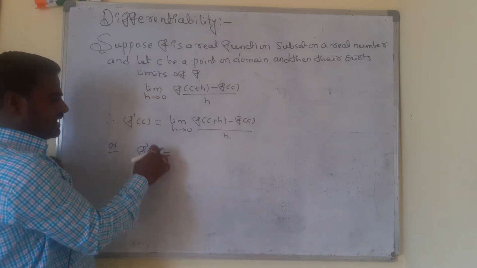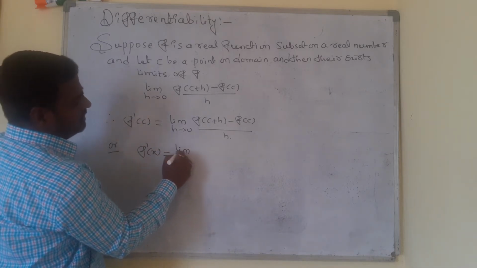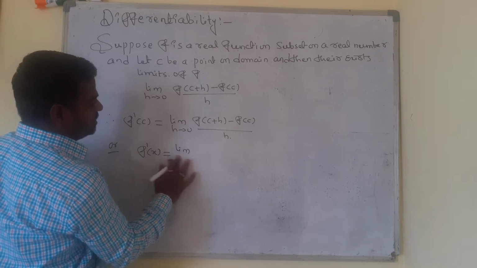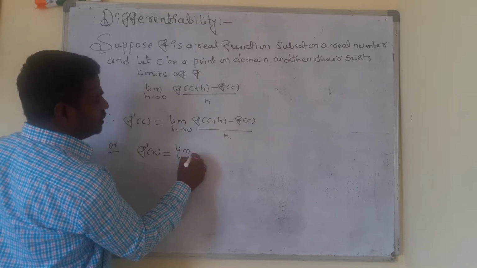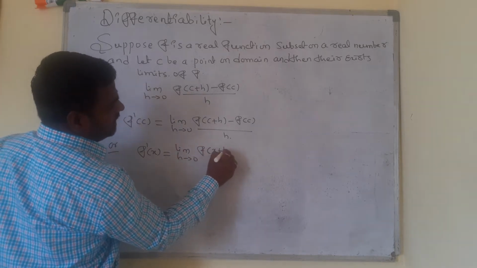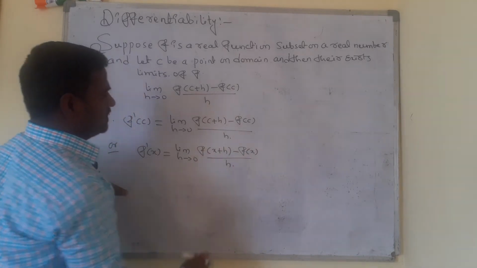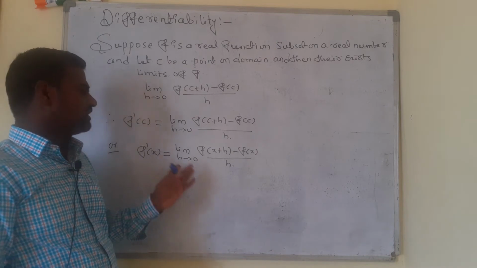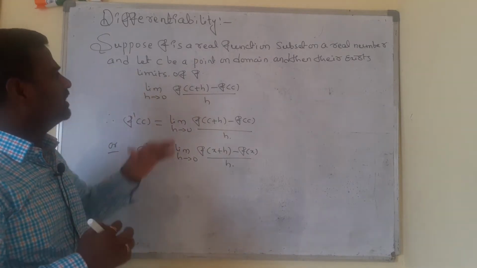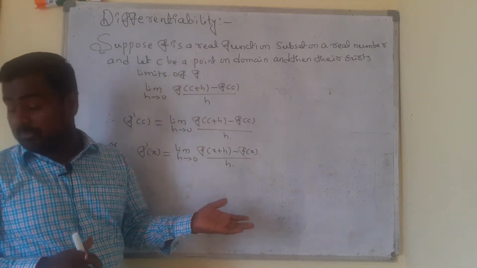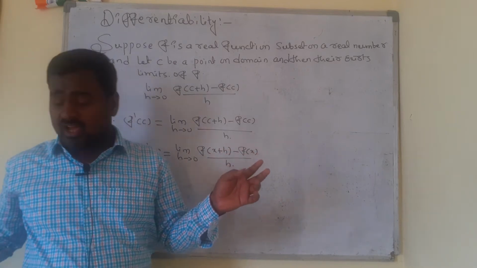Here, instead of c, I can consider x: the limit as h tends to 0 of f of x plus h minus f of x divided by h. This is in the form of the x variable, and the earlier one in the form of the c variable. So these are the definitions of differentiability.